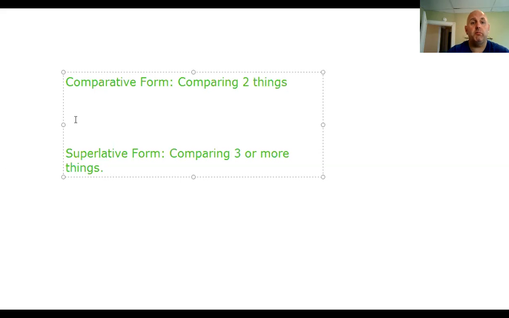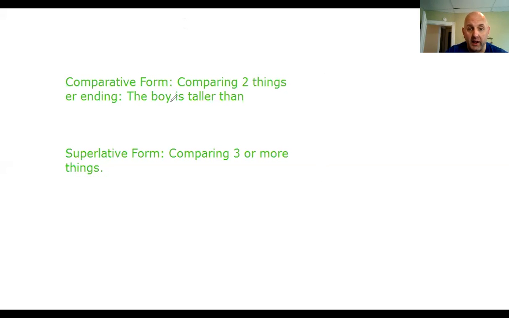But if I want to compare that boy to another boy, I will then add an ER ending. The boy is taller than. Notice first of all, I added an ER ending. And second of all, I used the word than, which shows I'm making a comparison.